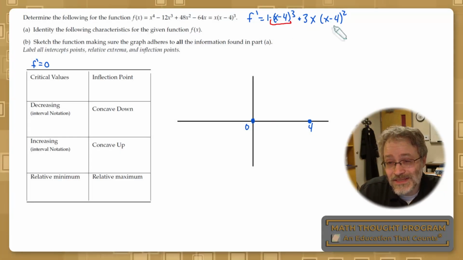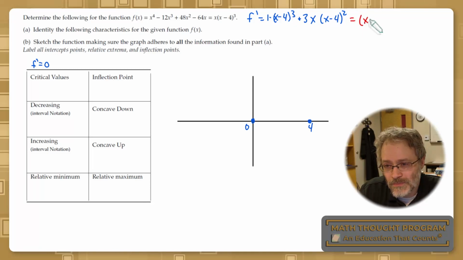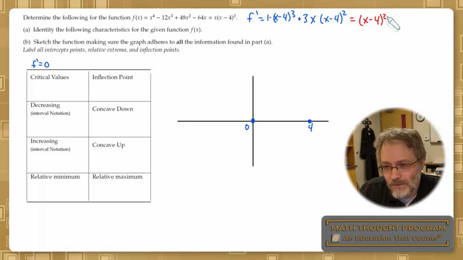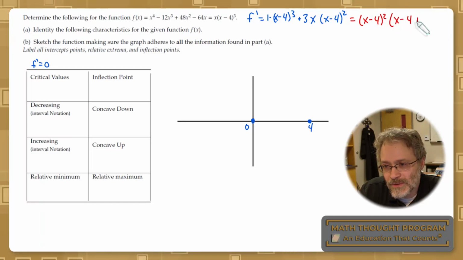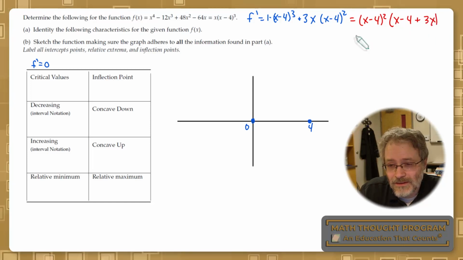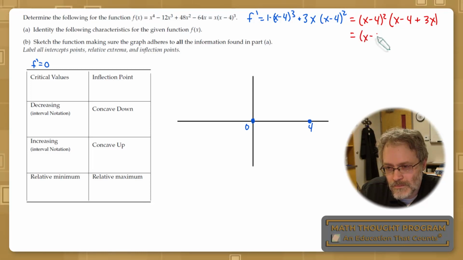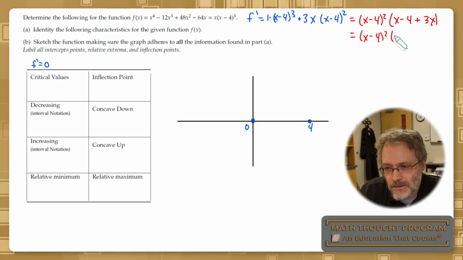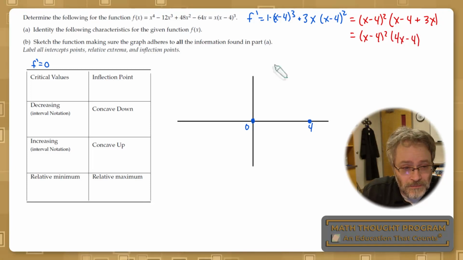I can factor that piece out. (x minus 4) squared, then I'll have (x minus 4) plus, giving us (x minus 4), 4x minus 4, and I'll factor that out as well.